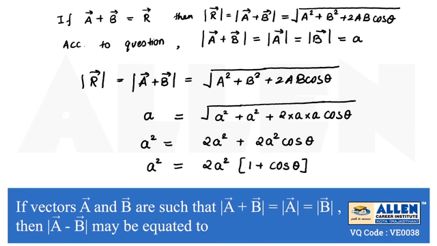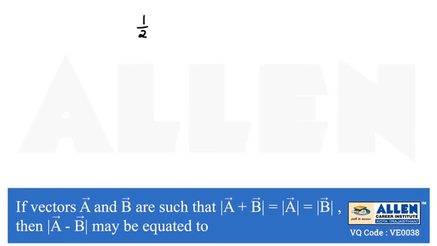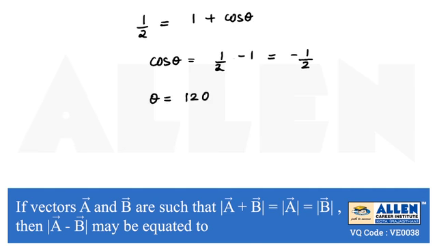On further simplification, we will get 1 by 2 equal to 1 plus cos theta, or cos theta can be written as 1 by 2 minus 1, that is minus 1 by 2. According to our table, this value of cos theta equal to minus 1 by 2 is obtained when the angle between the vectors is 120 degrees.